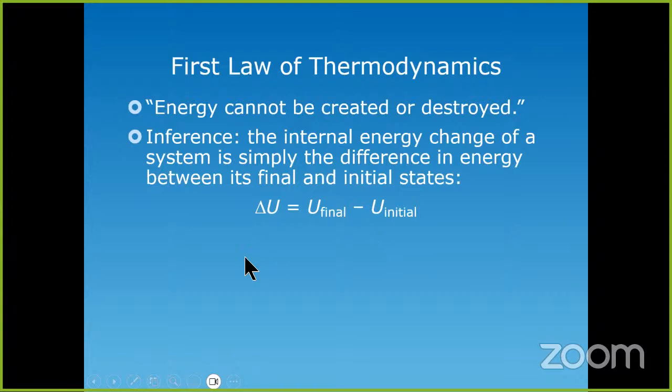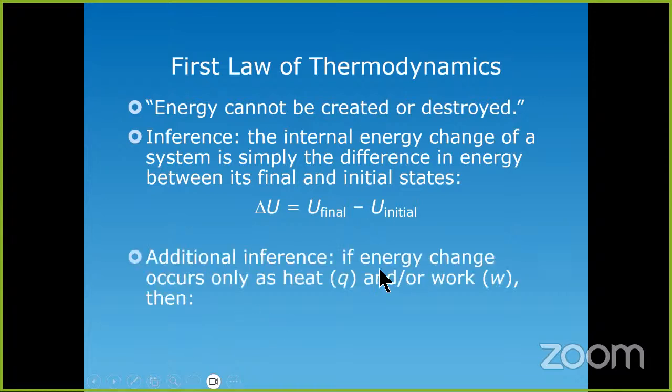We can also conclude that if energy change occurs only as heat and/or work, then the relationship between the change in internal energy and heat and work is given by this equation: delta U, the change in internal energy, is equal to Q plus W, all right? That's also a consequence of the first law of thermodynamics.